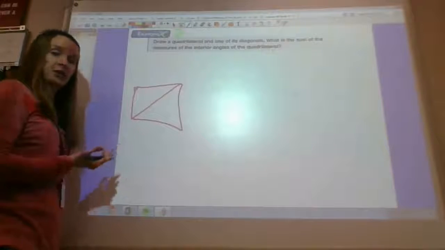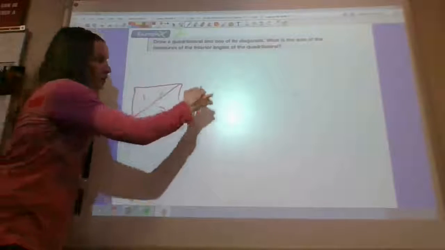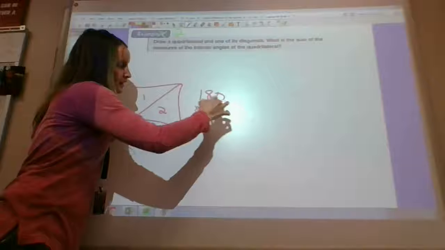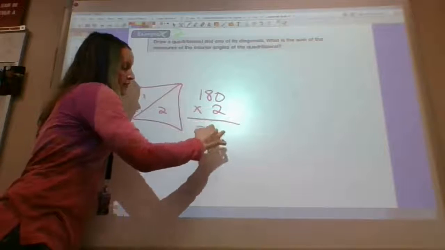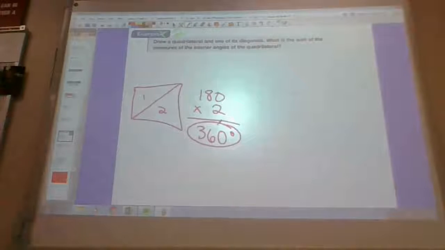Your quadrilateral can look like this. Probably looks a lot better than mine, but hopefully you guys know. Oh yeah, 180 then, times 2 triangles. And there you go. So that's the first concept you want to understand, is how do you get the interior angles of any polygon?